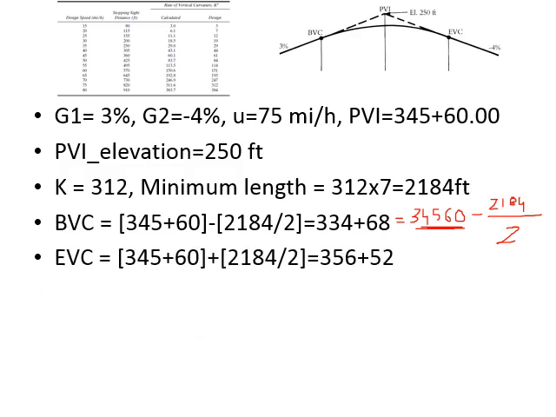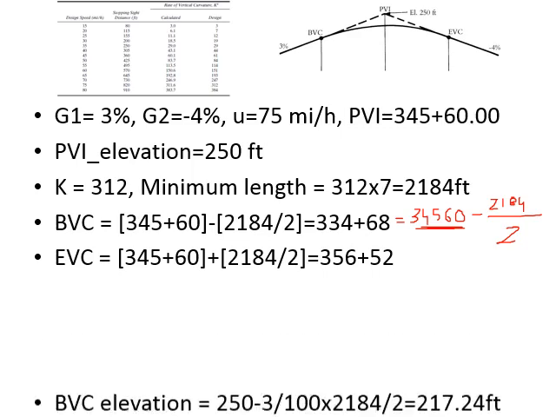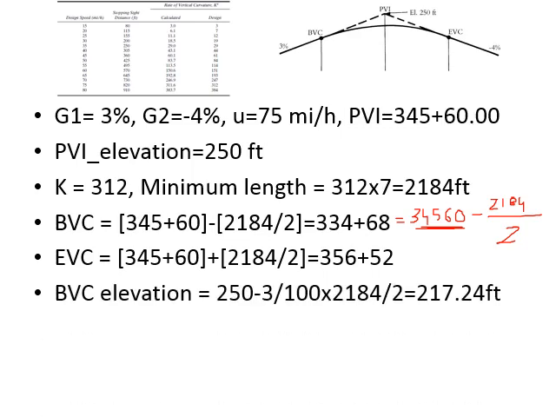Then for EVC you will do the same thing, but now instead of subtracting, you will add. So you are repeating the same process but with a plus sign here. So the station of EVC is 356 plus 52. Then the elevation of BVC is elevation of PVI here, which is 250 feet.